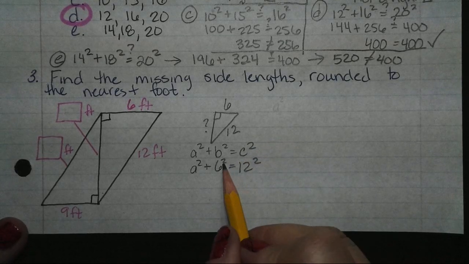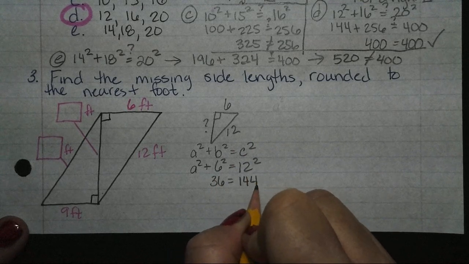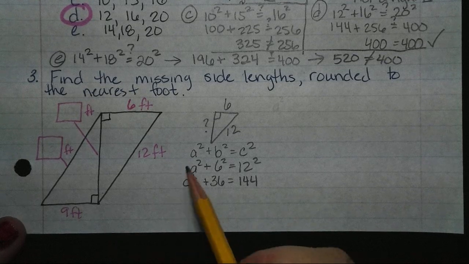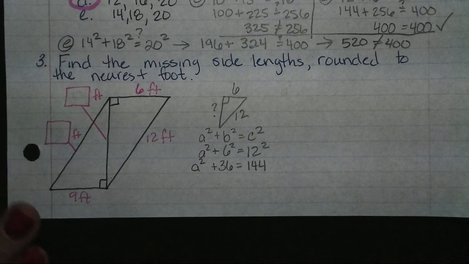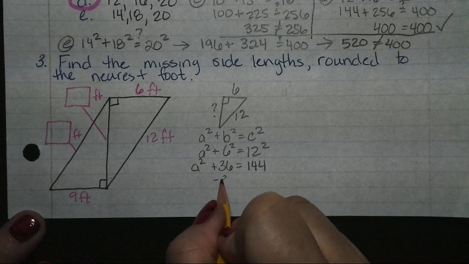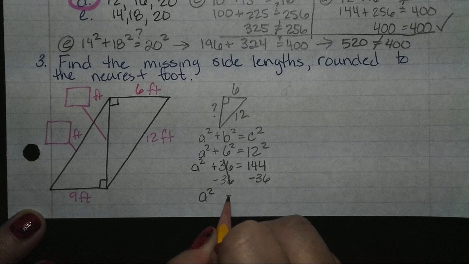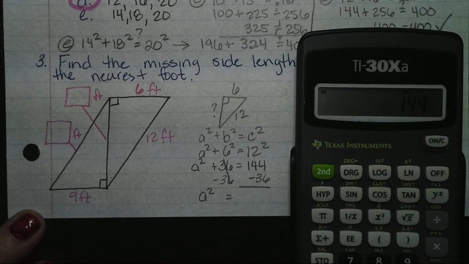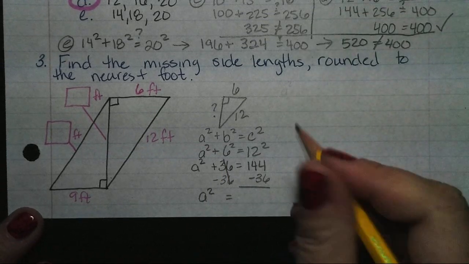Then we work it out. 6 times 6 is 36. 12 times 12 is 144. We don't know the side length of A. What we do know when we're finding a leg is that we subtract from both sides. So I'm going to subtract 36. I get A squared is equal to, if I take 144 and subtract 36, 108.